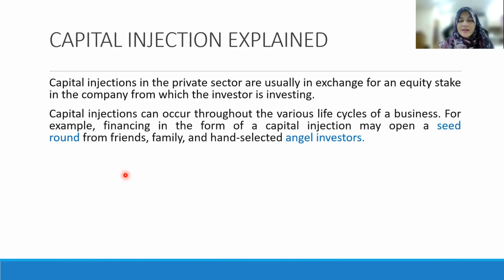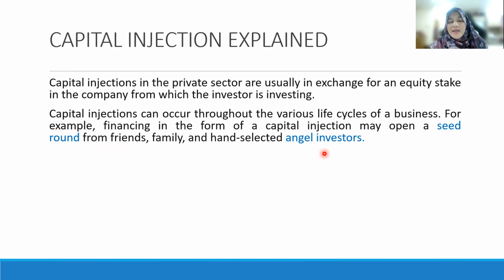Capital injection can occur throughout the various life cycles of a business. For example, financing in the form of capital injection may open a seed round from family, friends, and hand-selected angel investors. A startup company can start with capital provided by family, friends, or an angel investor.